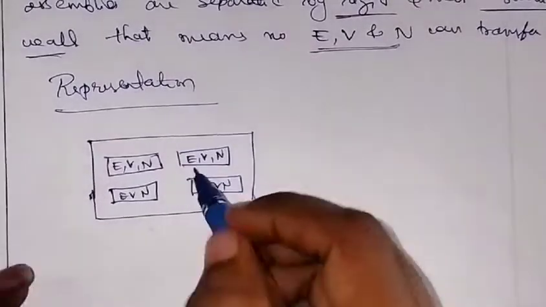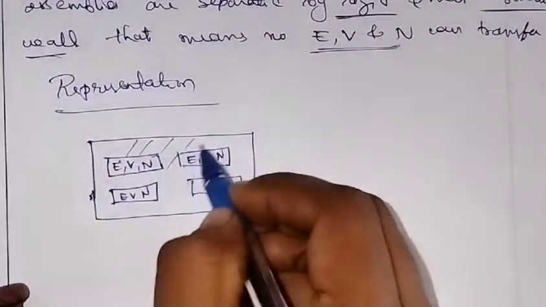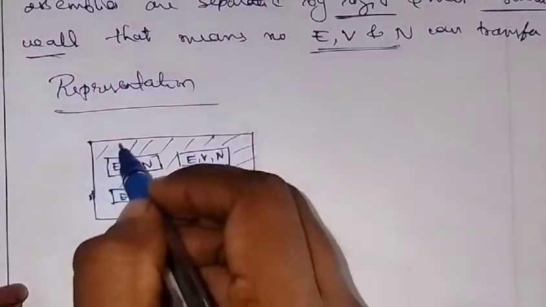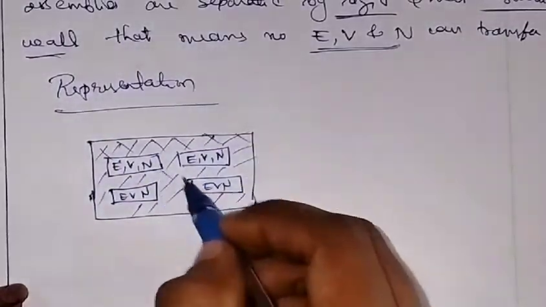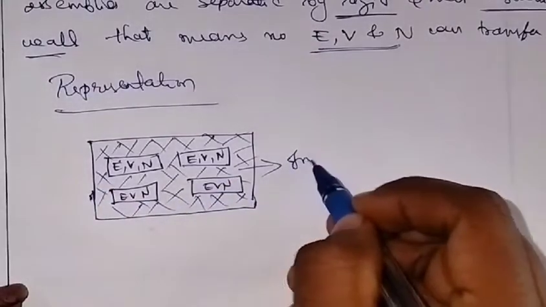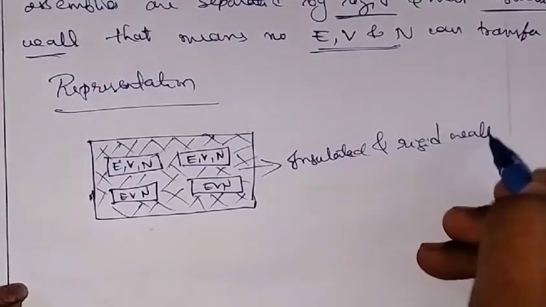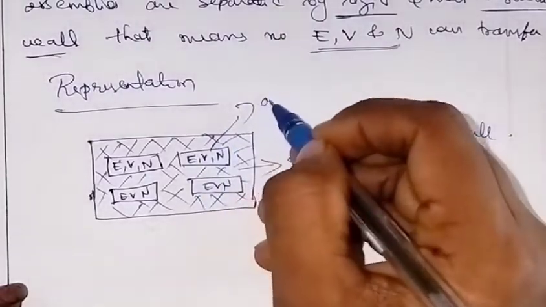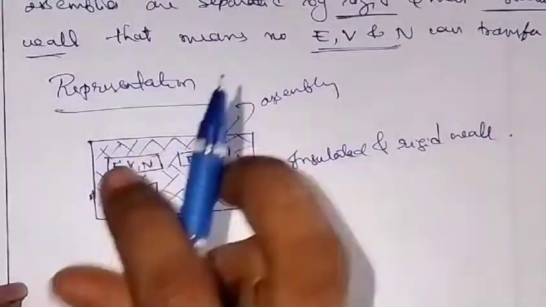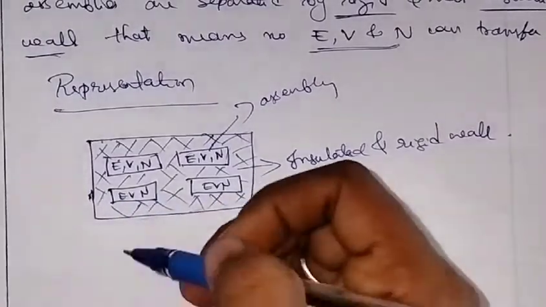And what is the next statement? These assemblies are separated from the other assemblies by insulated and rigid walls, so I represent these by lines. This is the insulated and rigid wall, and this is an assembly. The entire thing is called the microcanonical ensemble.